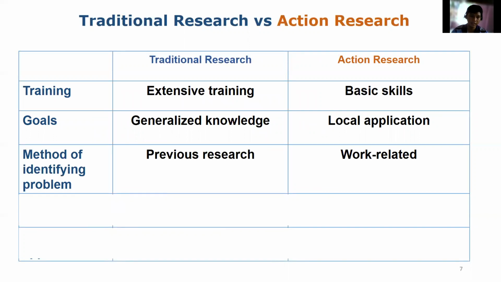With regards to identifying a problem, usually in traditional research, you read and read and read and figure out what others have already done, and you need to look for the research gap so that you can contribute to the body of knowledge. However, for action research, the problem is found within the work that you do.